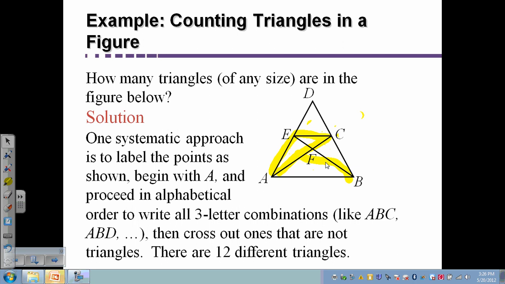Then I would go with three regions, and the ones with three regions would be DEB, and another one with three regions would be ACD. There are no triangles in the shape with four regions, and then the number with five regions would be the big triangle ADB. So I think that in a case like this, it might be easier to think of it that way instead of starting with the letter A and working it that way.